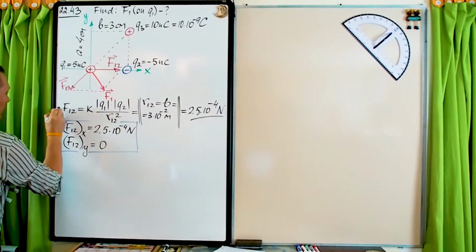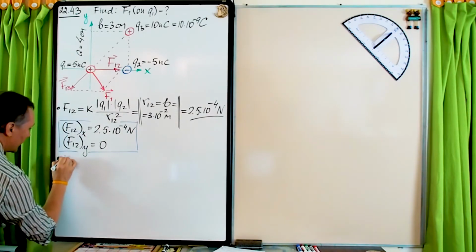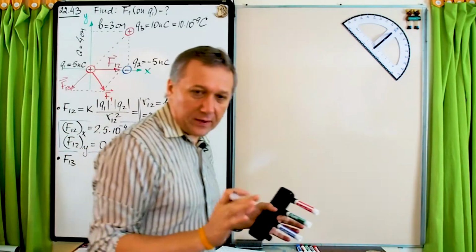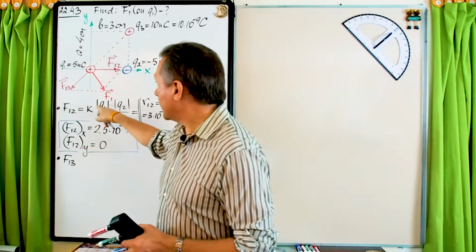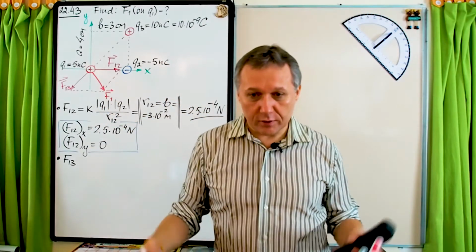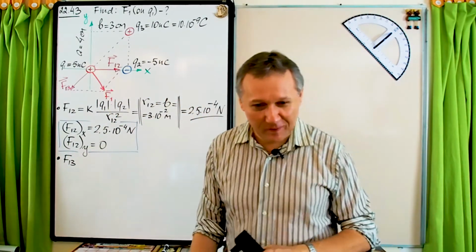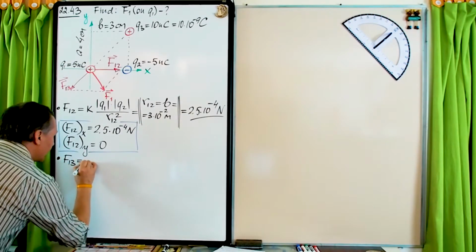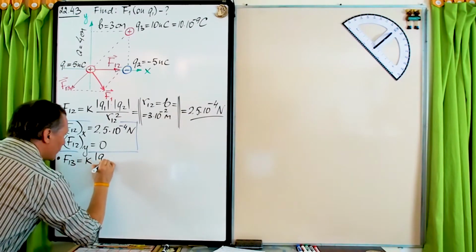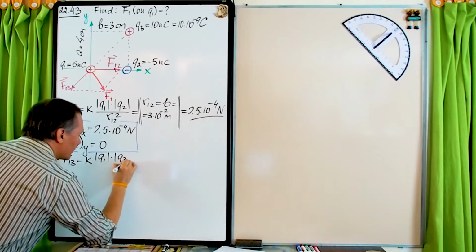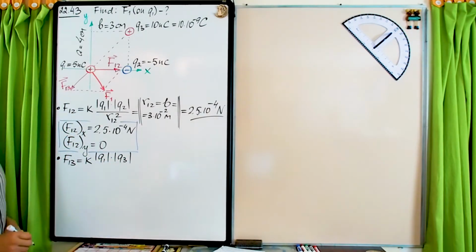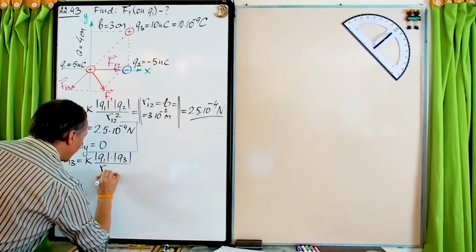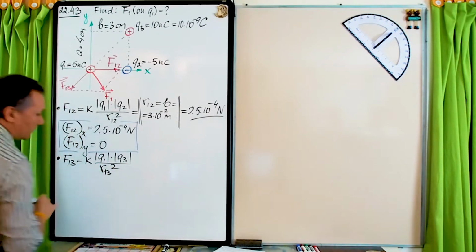All right, so now let's do the same with F13. Okay, I put a new bullet here. So now it's F13. Again, I want to find the magnitude of that vector, so I will put, again, absolute values, right? Because just magnitude can be only positive. Again, it will be F13 equals k, absolute value of Q1, absolute value of Q3, because it's between these two charges, divided by the distance R13 squared.